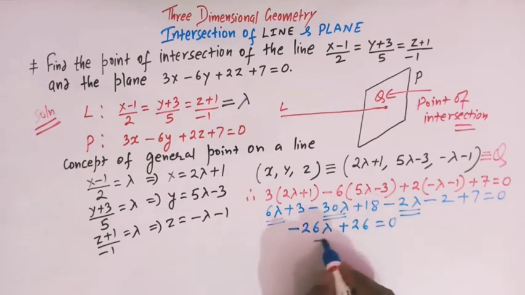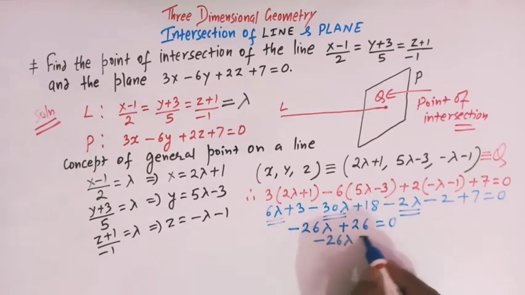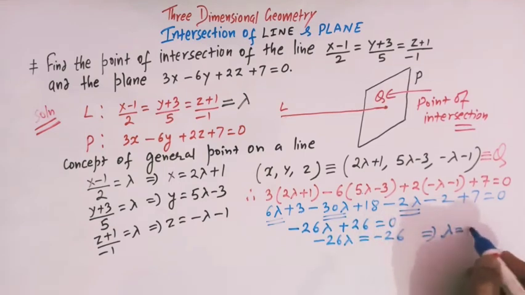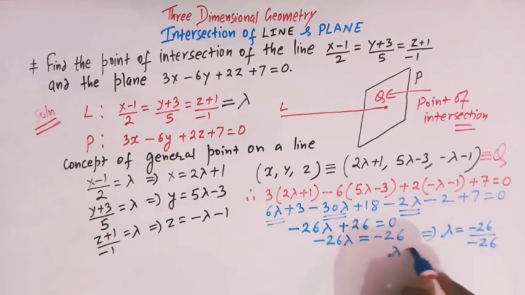So we have minus 26 lambda is equal to minus 26, and lambda is minus 26 over minus 26, so lambda is equal to 1.